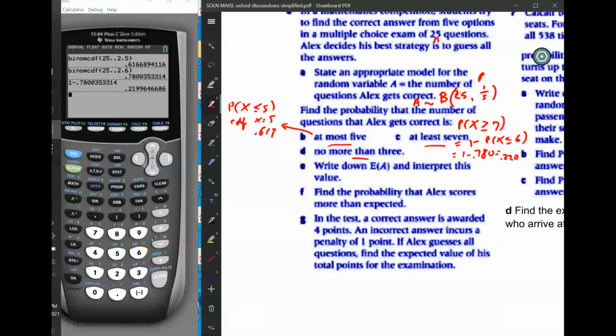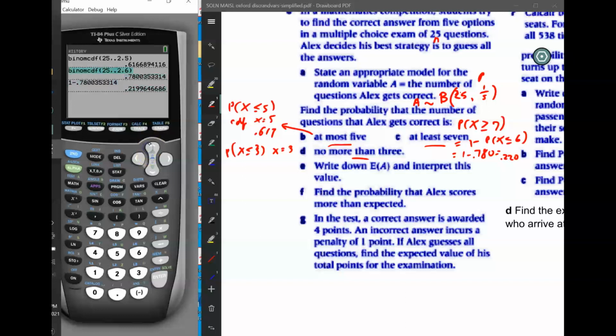What about no more than 3? No more than 3. That is no number that is more than 3, so that would be less than or equal to 3. Is that right? Probably that x is less than or equal to 3. No more than 3. Yeah, that's right. So in this case, we would want x equals 3, and we can just do a straight up CDF because it's less than or equal to, which the calculator is capable of doing.